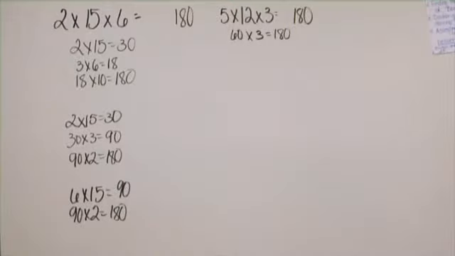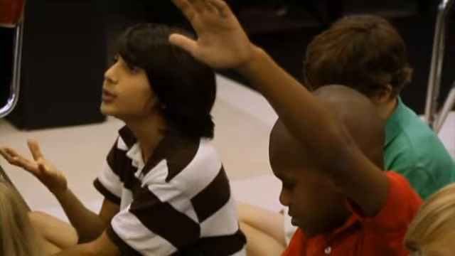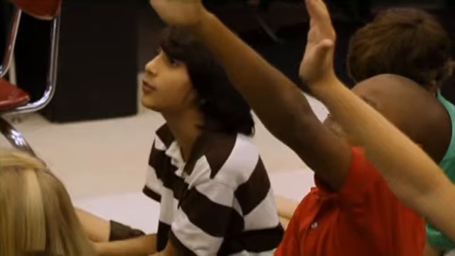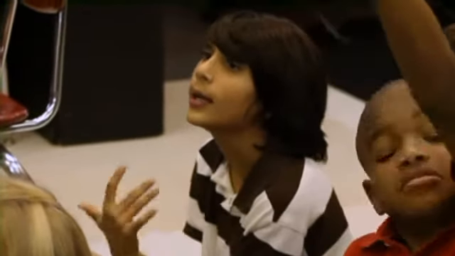Okay, I'm kind of following you, but I'm not really clear. You took 3 off of 6... Minus 3 from 15 to equal 12. And you added 3 to 2 to equal 5. So it's going to be the same answer.